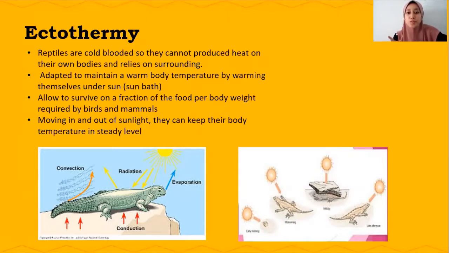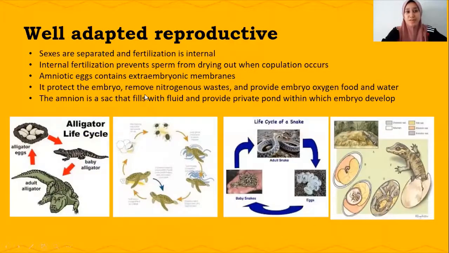They have to move in and out of sunlight as they have to keep their body temperature at a steady level. For example, in this picture, when their body feels cold, they go search for sun and do sunbathing. As the day gets hotter, they retreat into the shade to cool themselves down, and they do it repeatedly to keep their body temperature at a steady level.